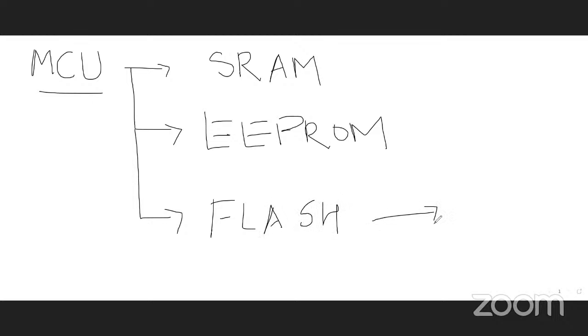What is stored inside the flash memory, please? Data. Which data? We have the program data, that is the instruction data, the application data, and then we have some other data memory.